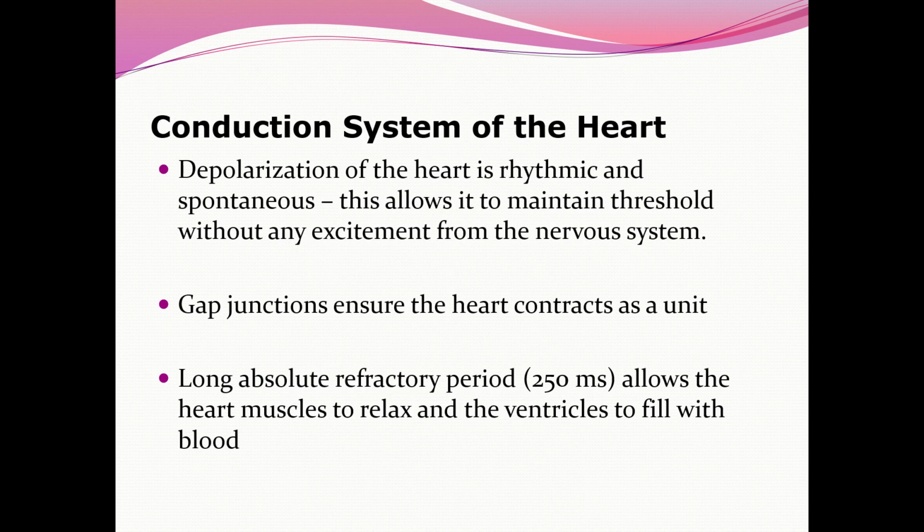The depolarization of the heart is rhythmic and spontaneous. This spontaneity allows the heart to maintain the threshold without any excitement from the nervous system. This is what allows for the heart to beat on its own. Gap junctions will ensure that the heart contracts as a unit because the electrical impulse will travel from cell to cell, as will ions.